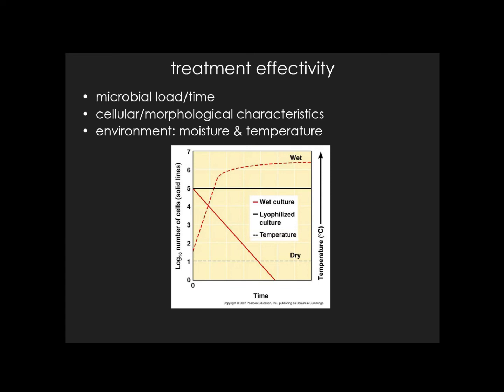And so the reason this dry culture is not affected by the temperature is because air is a very poor conductor of heat. And so the heat actually can't get into the culture. Nobody's being exposed to that temperature, and so nobody's dying. Whereas water is very good at conducting heat, and so the water conducts the heat into the entire culture and can very quickly sterilize the culture because of the moist environment.